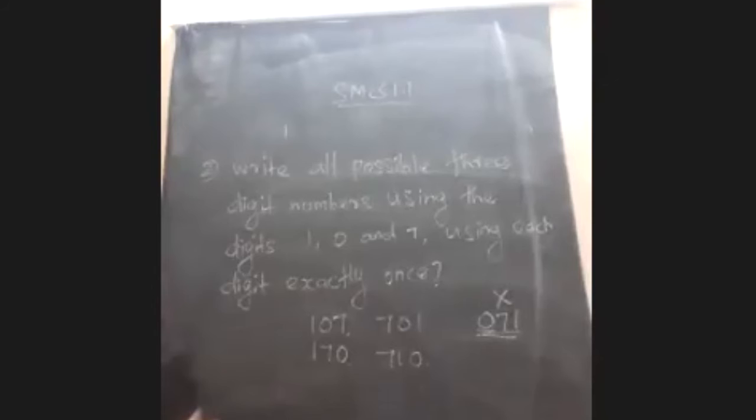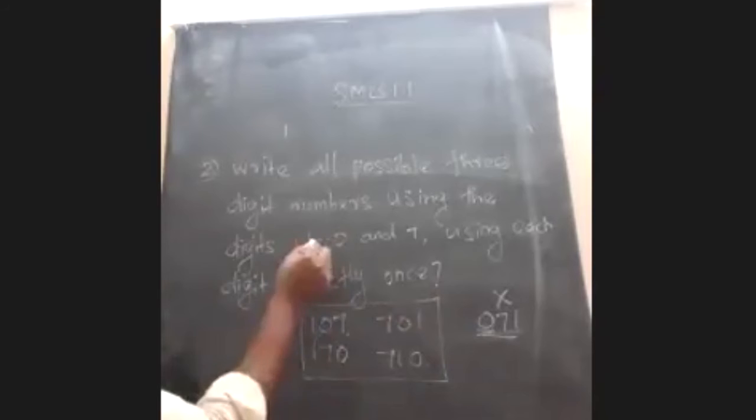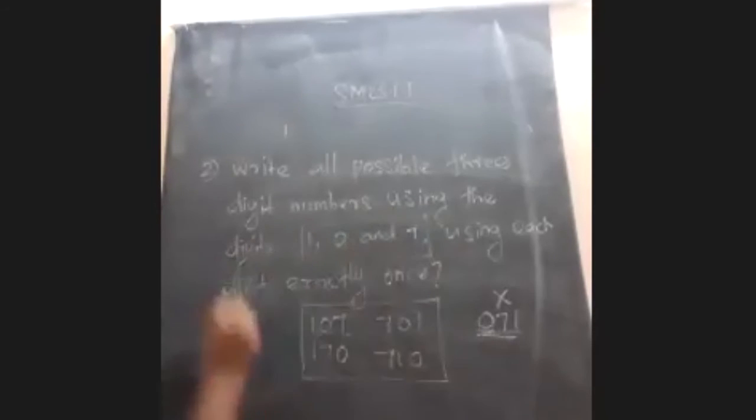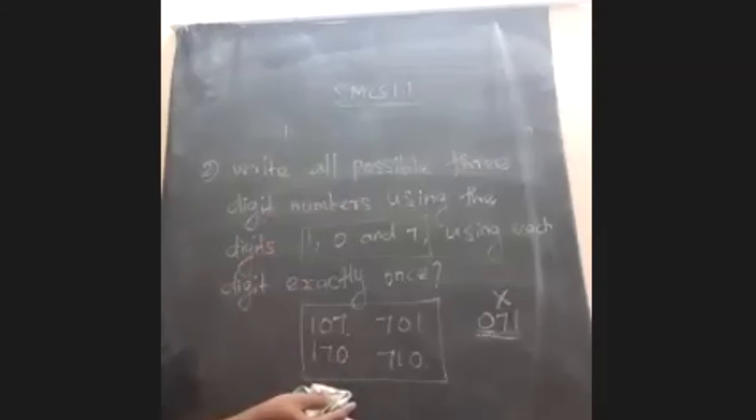Okay, good. So these are the 4 numbers we can write from the digits 1, 0 and 7. Now question number 3. So hope everyone completed this.